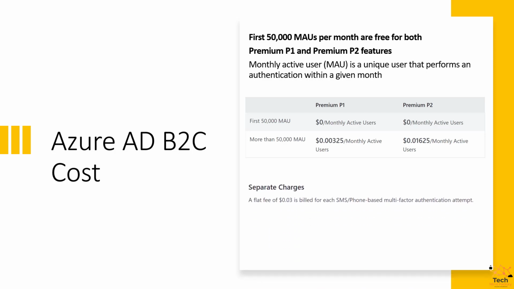But before I display it, just one additional thing here. There is a separate charge, a flat fee of 3 cents billed for each text message / phone based multi-factor authentication attempt. So it's very important to mention that if we enable MFA in Azure AD B2C, because obviously it's available for us, there will be additional cost.